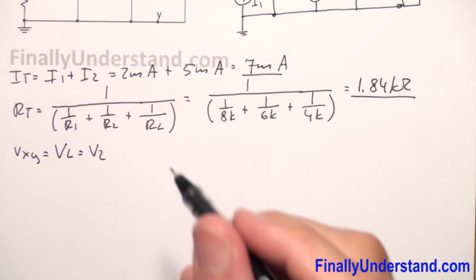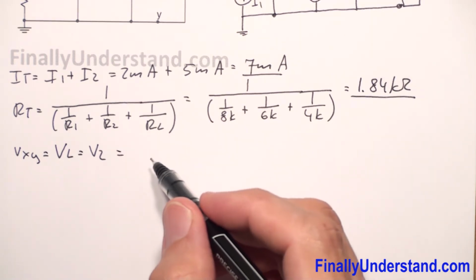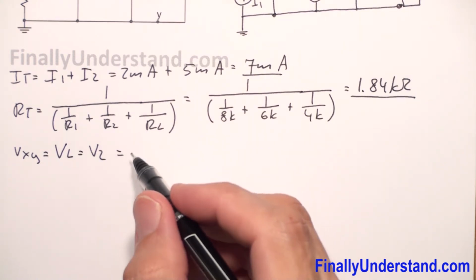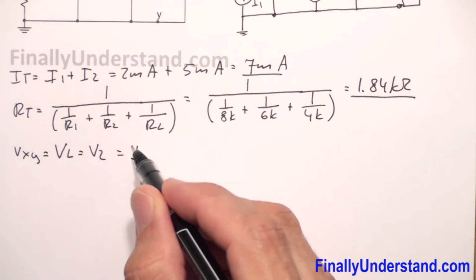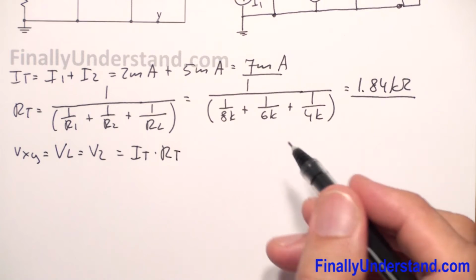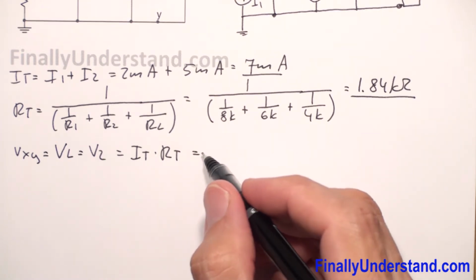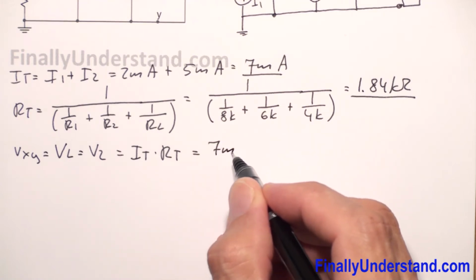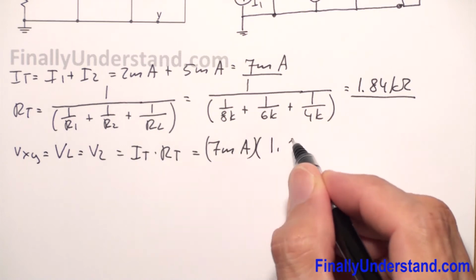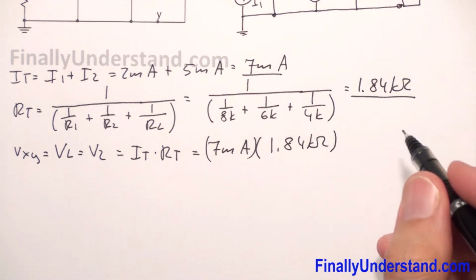So what we're supposed to do, we're supposed to simply multiply the total current I total times R total. So I total is equal to 7 milliamps times R total, which is equal to 1.84 kilo ohms. Why am I doing that?